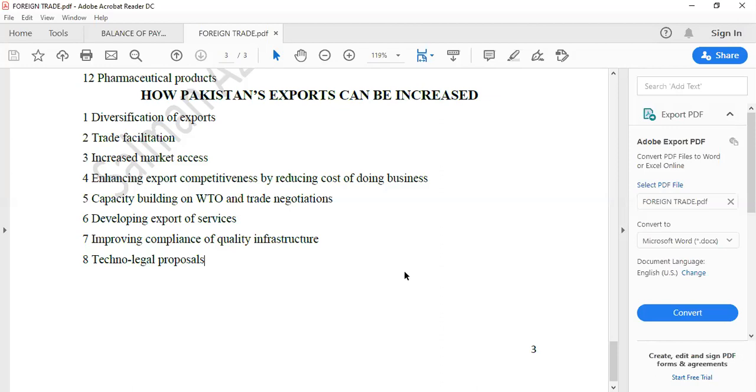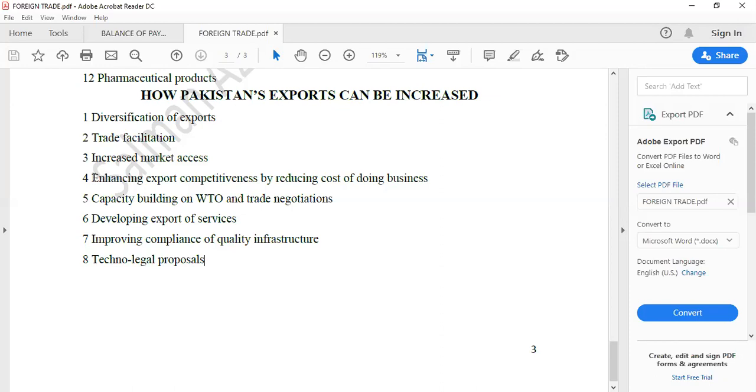Third is increased market access. We should have access to more markets in the world, and according to the products we make, we should have access to those types of markets where our products can be sold, or where the demand for our products is higher.